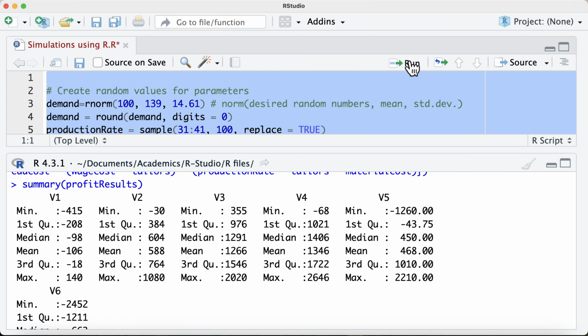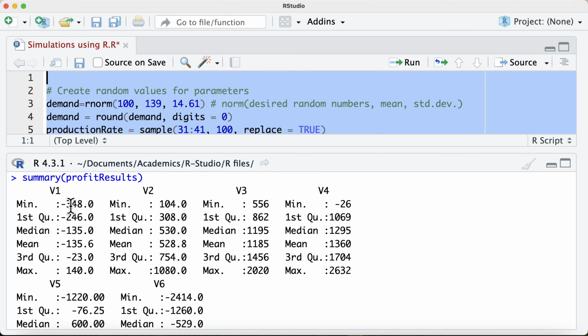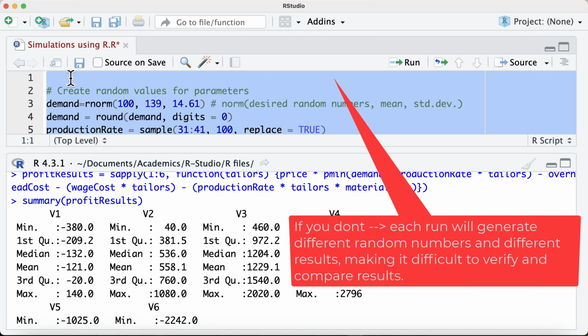If I run it one more time, it's -348, which is different from the earlier one. When I do not use this code, set.seed, it keeps changing results, and in this case it will be very difficult for me to determine if there's a problem with my code or not.